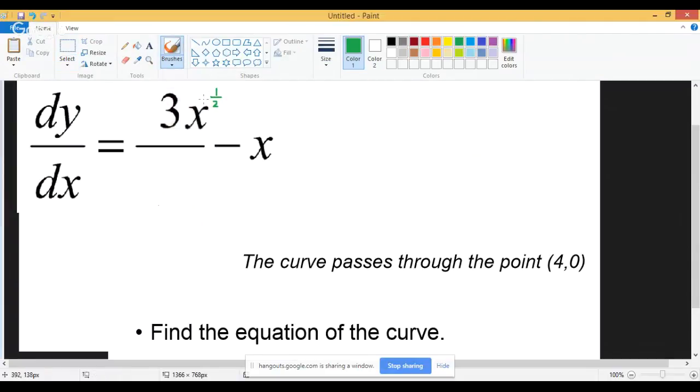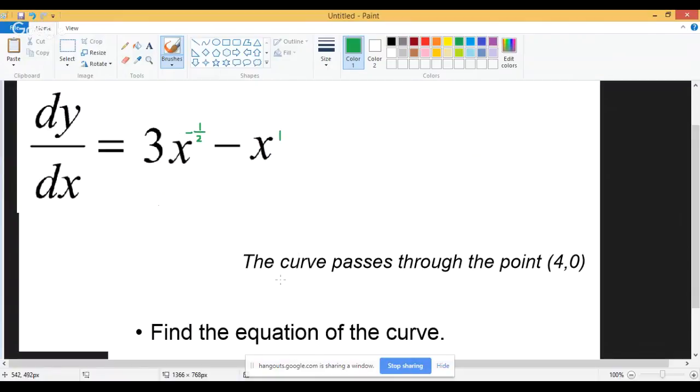If it was negative, we change it to positive. That means we can get rid of the fraction line, and that's now looking a lot simpler than what we had to begin with. We've also got minus x, and just remember that that is minus x to the power 1.